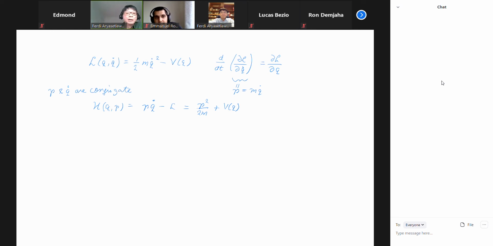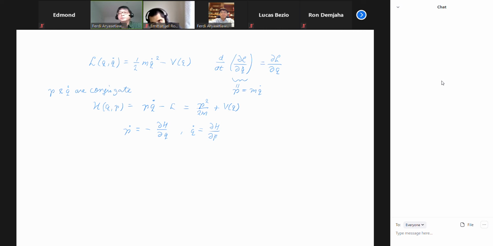So we have then the equations of motion, p dot equals minus dH/dq, and q dot becomes dH/dp, conjugate variables. That is equivalent to Newton's equation, of course.